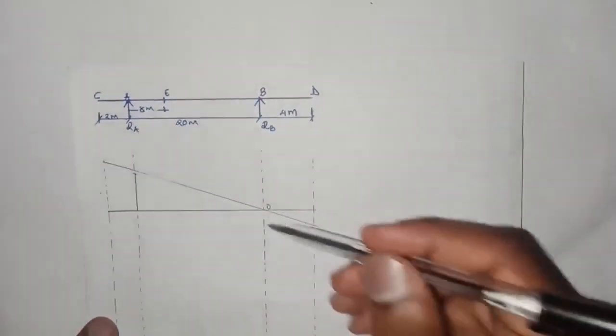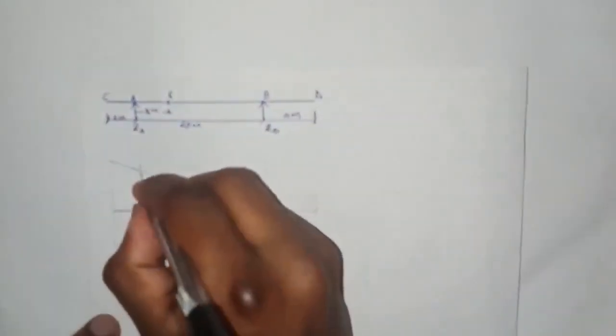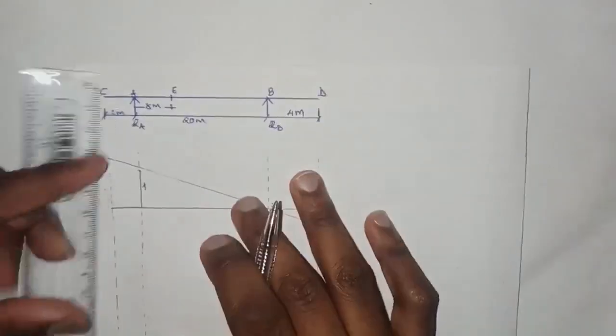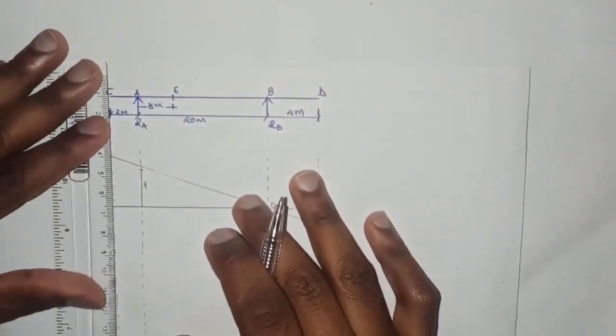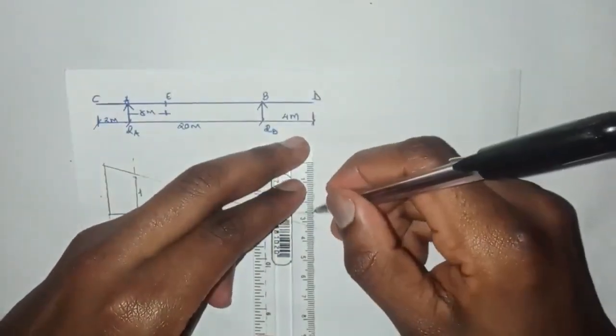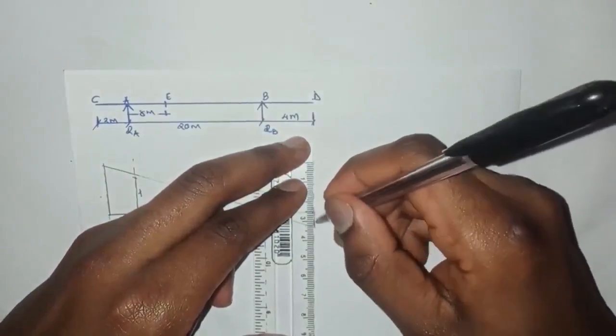So your line should touch 0 and 1 here. So you must indicate 1 and draw a line here.